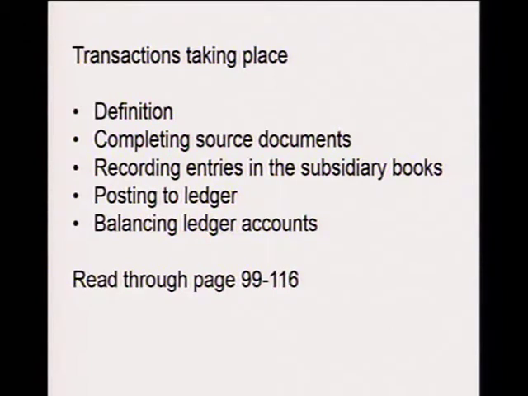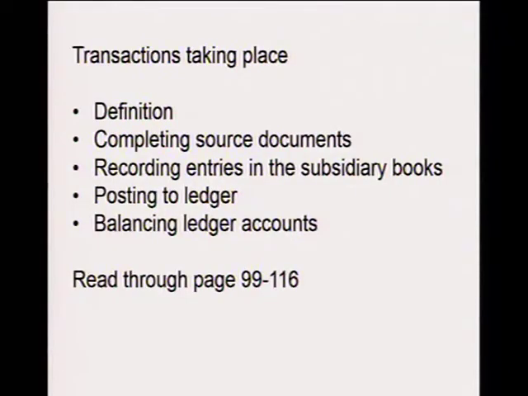And then when you are done recording the transactions in the book of first entry, you have to post to the ledger accounts. As we know, we have the debtors ledger, where we post the debtors journal. The creditors journal, we post it to the creditors ledger. And then the rest of them, we post to the general ledger.